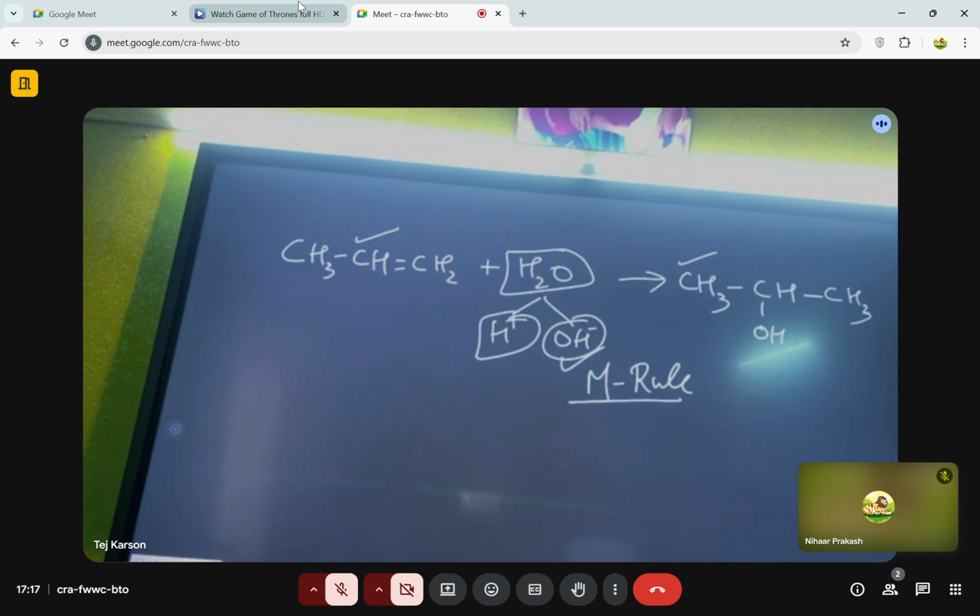There are 2 carbons with the double bond, no? Which one will you choose? Sir, she tells something different. I actually feel it's different. I'll learn and come and see.